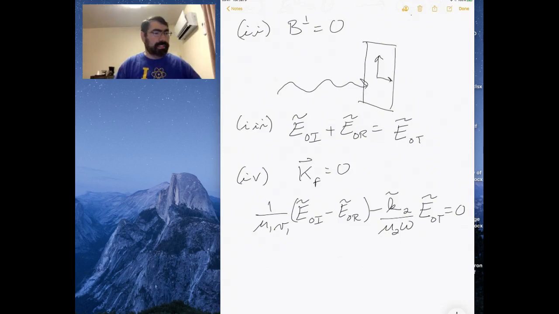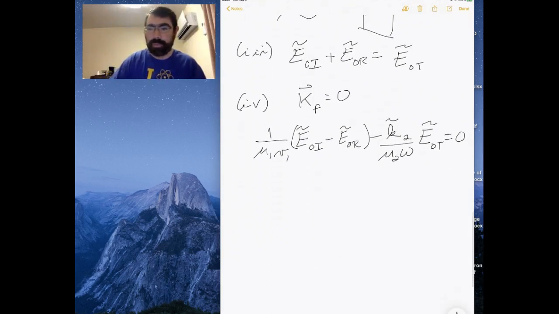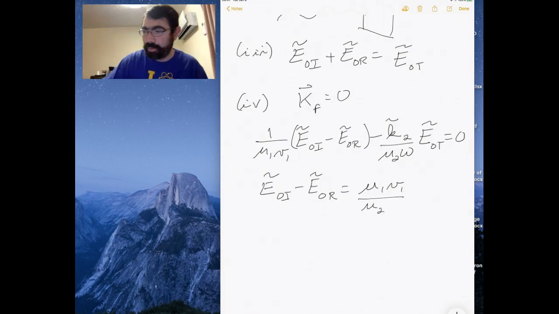Okay, so now we have basically these two boundary conditions. We can put them together and combine them. So I'm going to take boundary condition 4 and rewrite it as the difference in the incident and the reflected electric fields. And then that gives me mu1 v1 over mu2 omega k2 tilde, the amplitude of the transmitted wave.